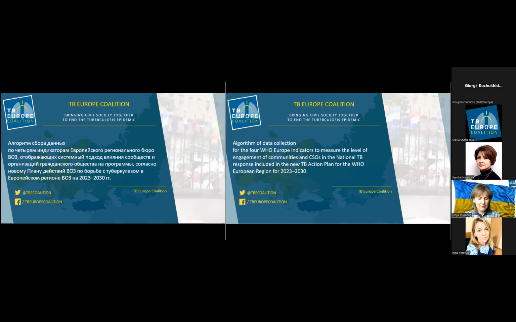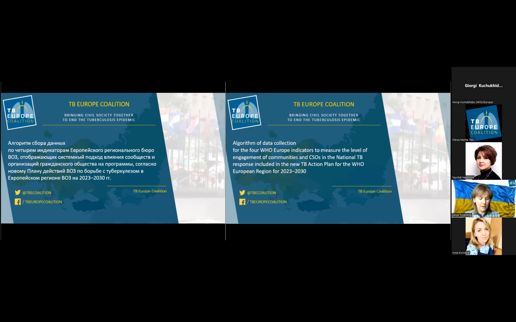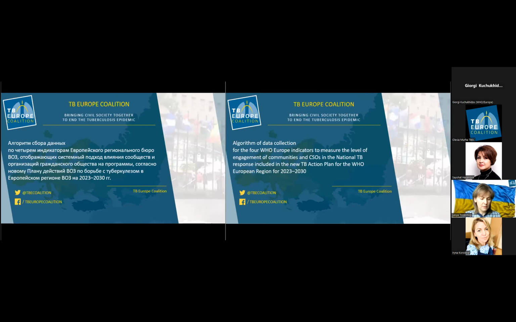Thank you. I'm glad to greet all the participants on behalf of the National TB Program of Ukraine. And what we discussed today, in continuation of what was said by other speakers, we should focus on the following. Today, we are on the threshold of new changes in the area of TB response, and we, on the one hand, can see these changes, support these changes, and we can become part of these changes.